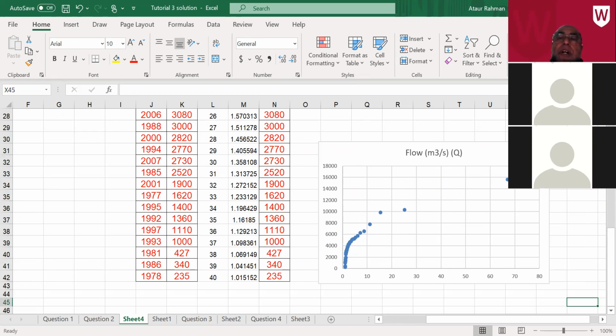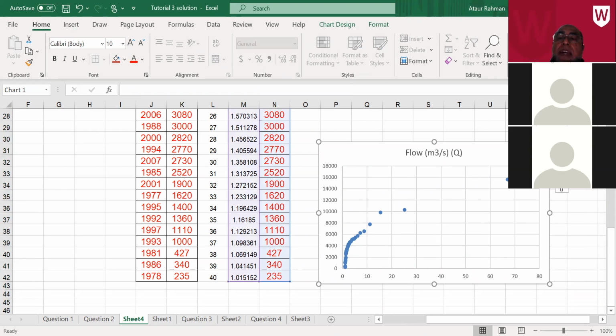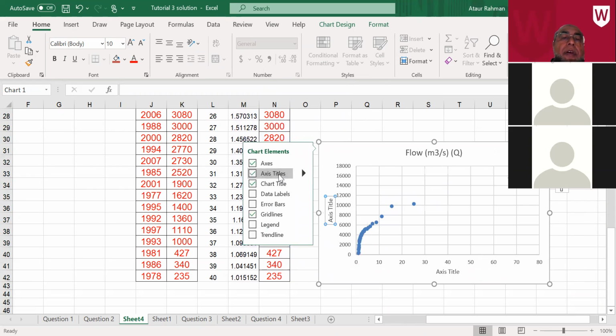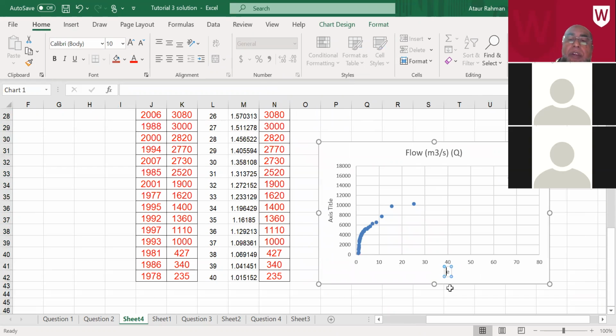So that is the plot of the data, and we can add the axis title. Our x-axis title is our return period T in years. And our y-axis title is our discharge in meter cube per second.